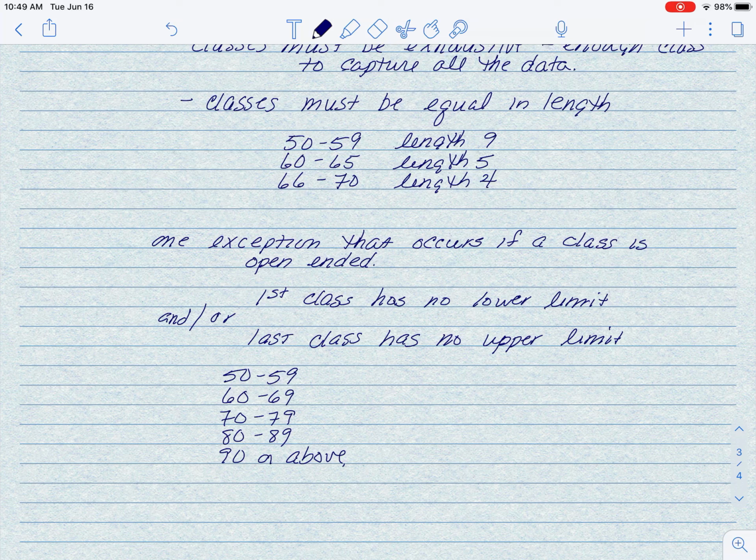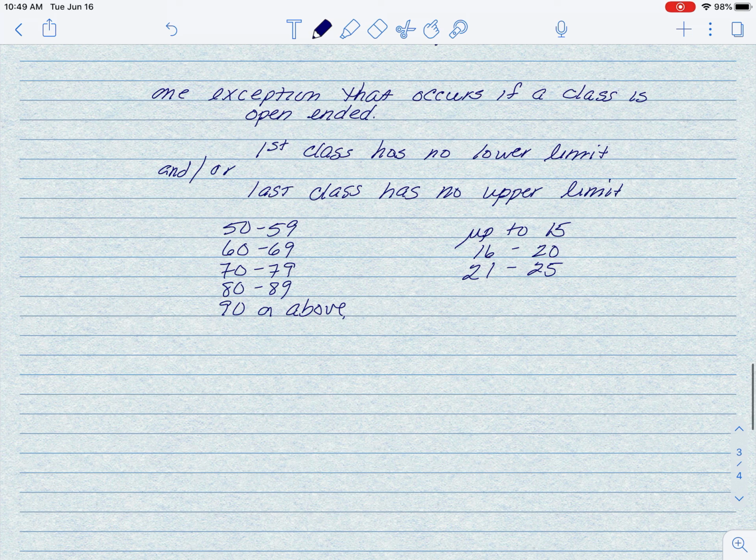In the same respect, you could do something like up to 15, and then it starts 16 to 20, 21 to 25, and so on down the line. So the first class in this case has no lower limit.